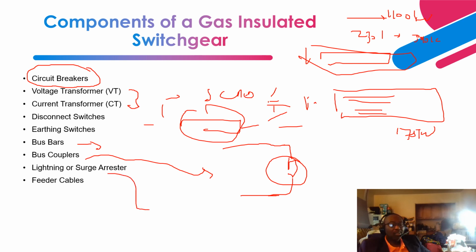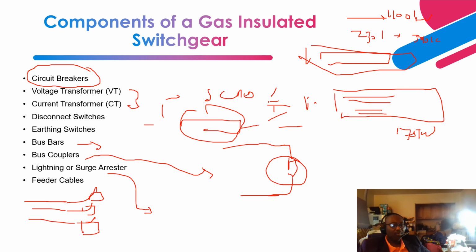Next is a lightning surge, or surge arrestor. As you know, if you have an overhead line coming in, then you have a cable pot right here. The overhead line goes on top of the cable pot.